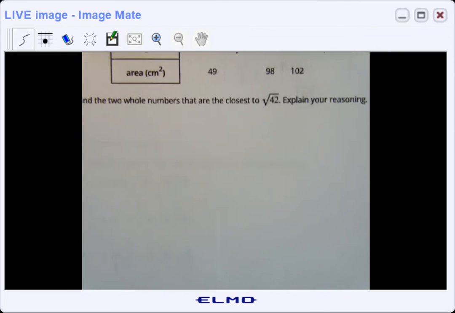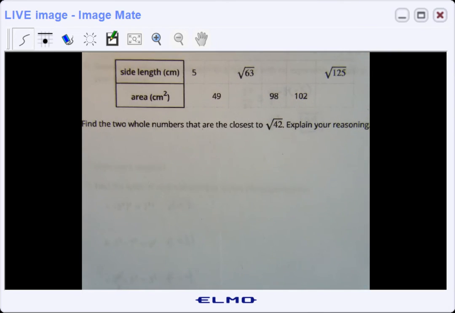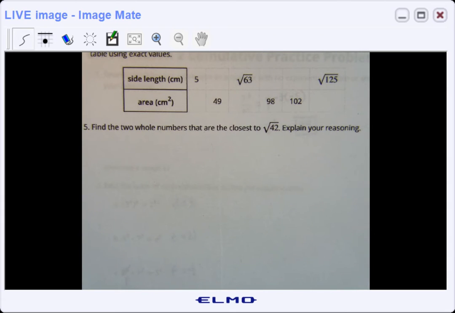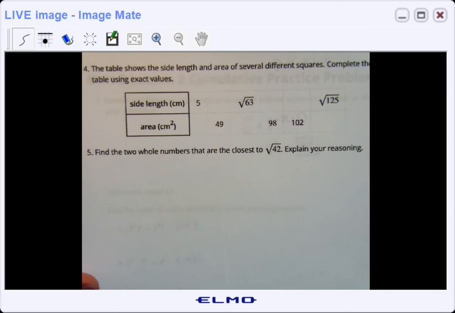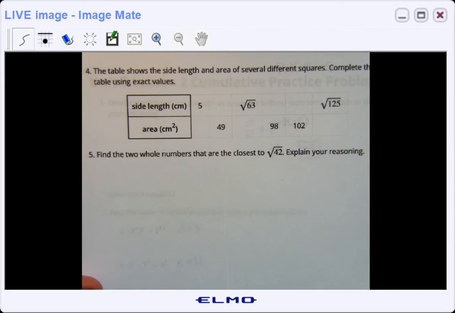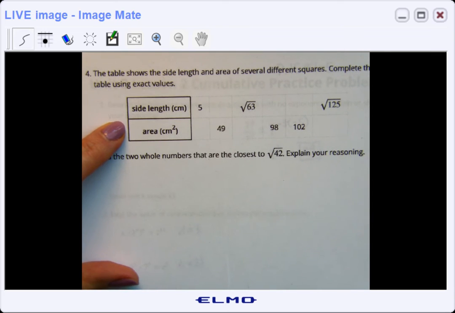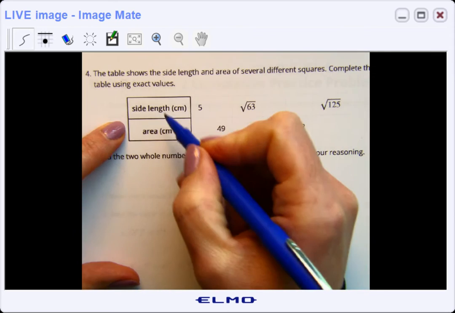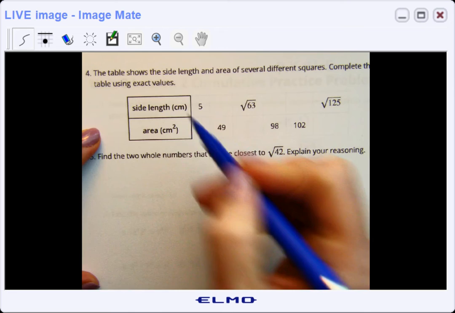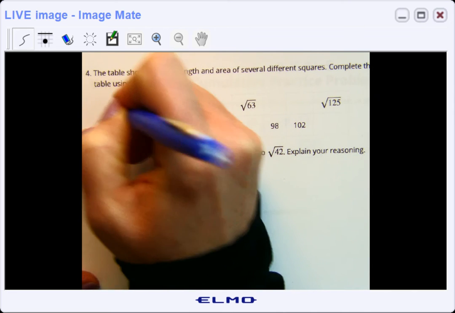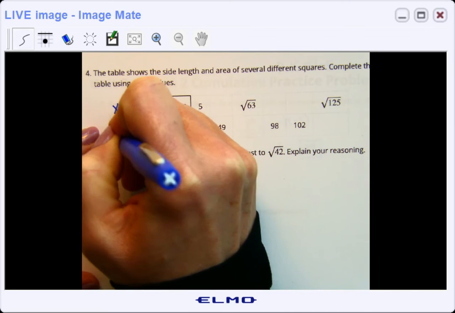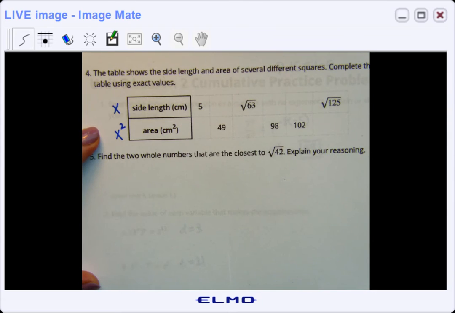Number 4 is a little more work with square roots. The table shows the side length and area of several different squares. Complete the table using exact values. So I know that if we say the side length is x, then we can say the area is x squared.